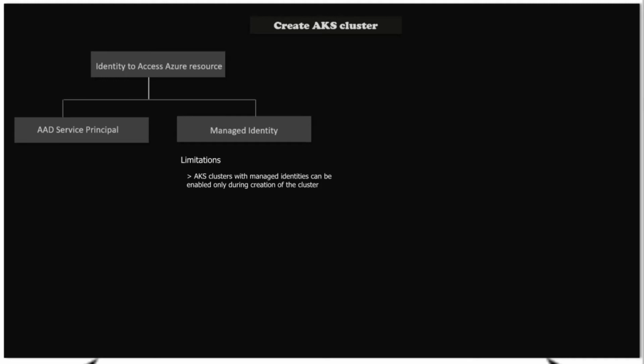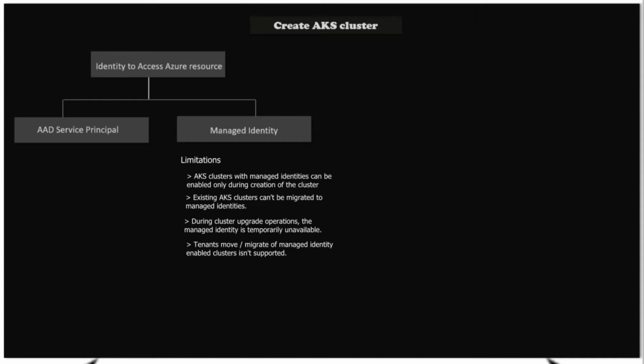An AKS cluster with managed identity can be enabled only during the creation of the cluster. An existing AKS cluster cannot be migrated to managed identities. If you perform any upgrade, the managed identity will be temporarily unavailable. Managed identity isn't supported for tenant move or migration. So these are the limitations for managed identity.